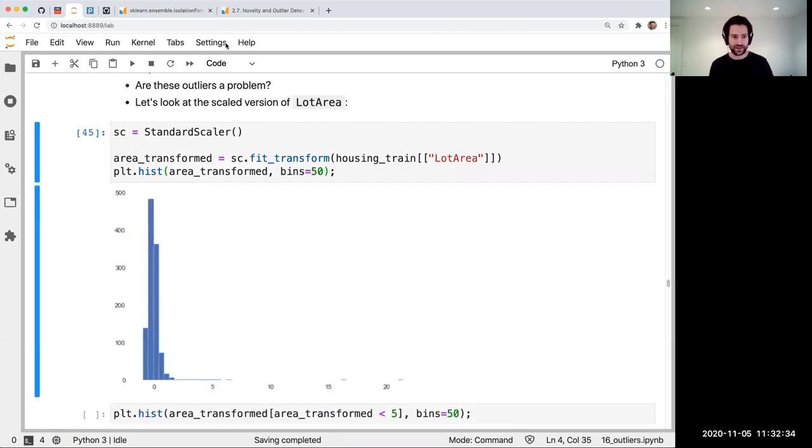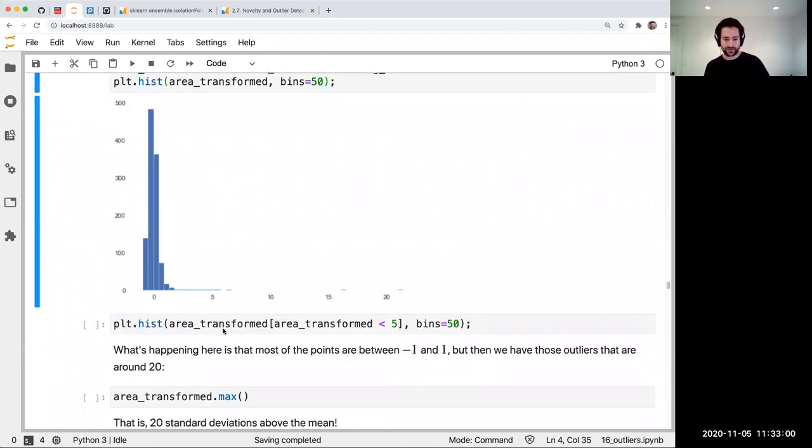So what this is saying here is that this lot is 20 standard deviations above the mean, and this is about 16 standard deviations above the mean. So yeah, at least it's not like a million, but these are very, very big values compared to everything else we have, which is in like a couple standard deviations above the mean. So that could certainly affect our model.